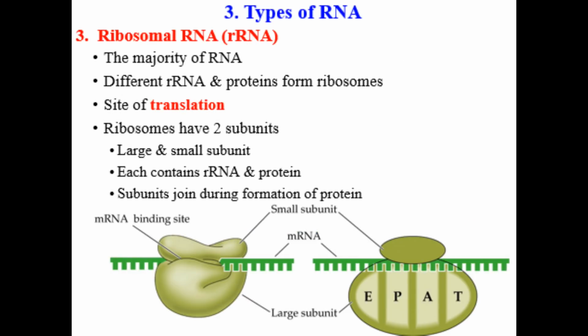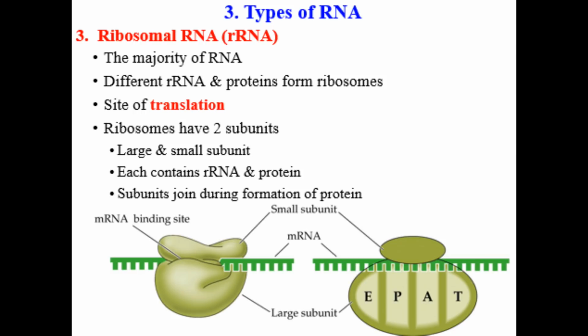Okay, the third type of RNA is ribosomal RNA, or rRNA. Now this has more of a structural function than being involved in these processes. It's a more long-term type of RNA, and it's found in association with the ribosomes. That's why it's called ribosomal RNA.